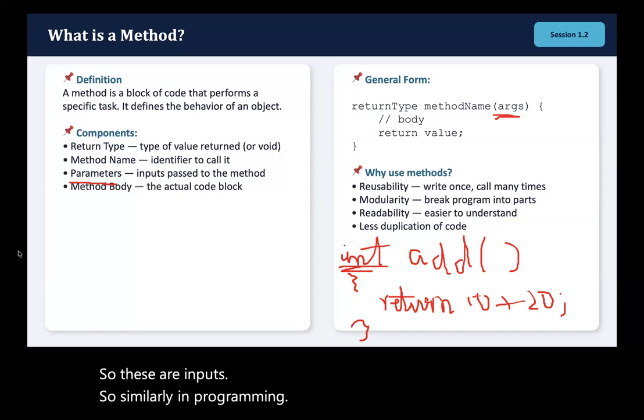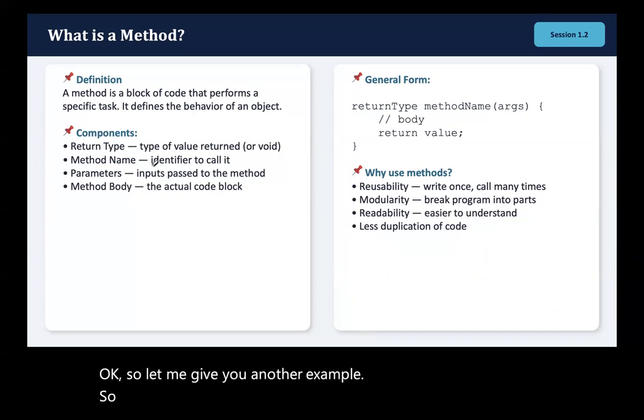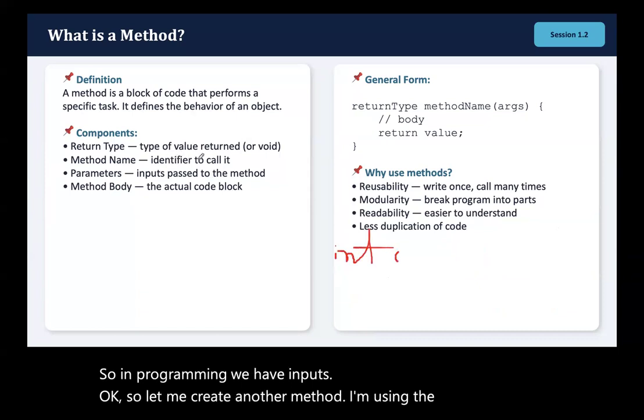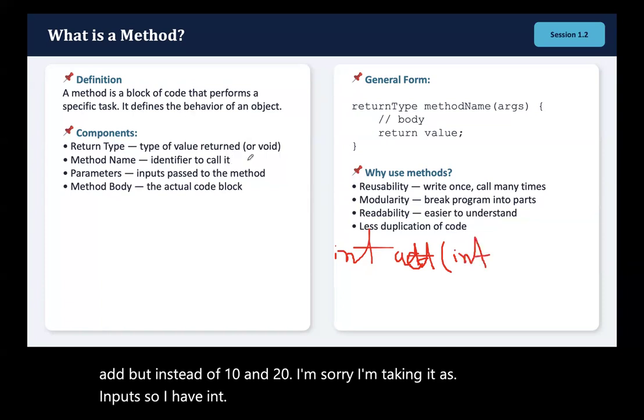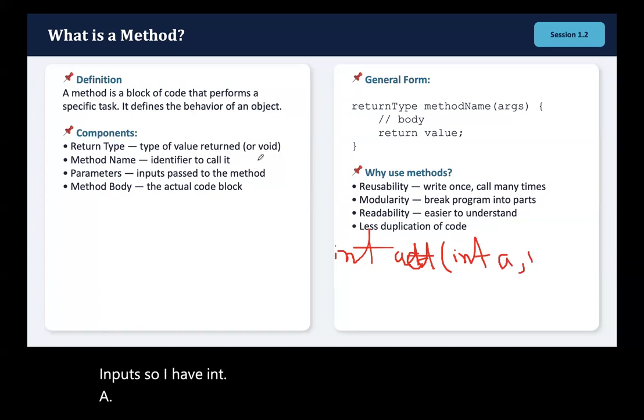Let me give you another example. Let me create another method. I'm using the same method add, but instead of 10 and 20, I'm taking inputs. So I have int a, comma, int b. I have two inputs, a and b.